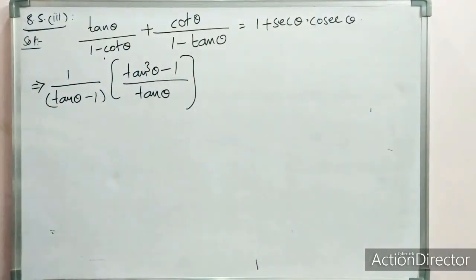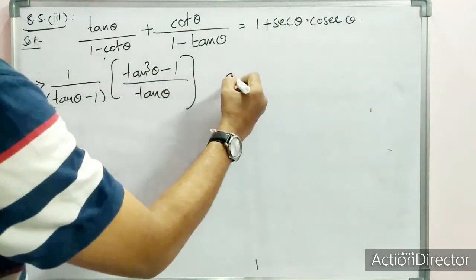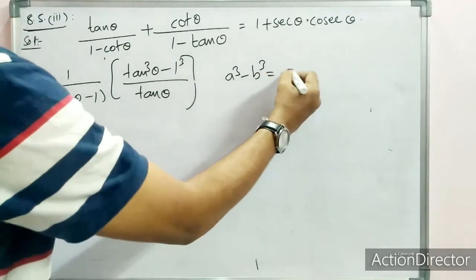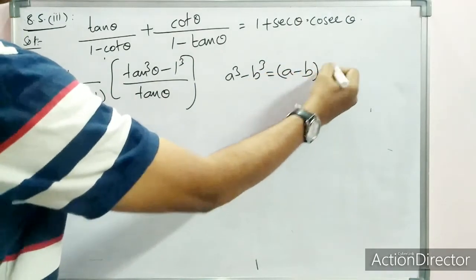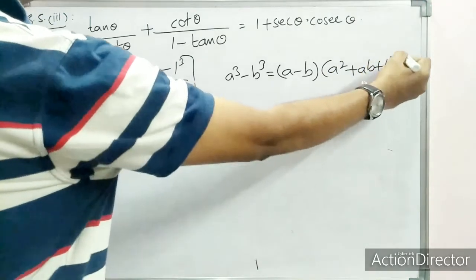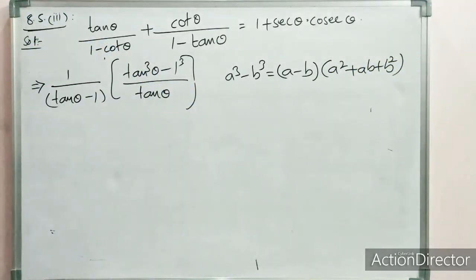Okay. Now you see this part I can write a cube minus b cube. So 1 I can write 1 cube. A cube minus b cube, we have a formula: a minus b into a square plus ab plus b square.